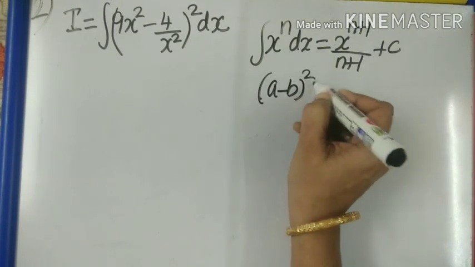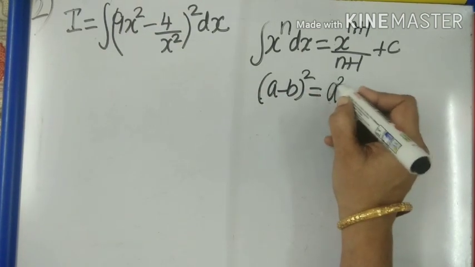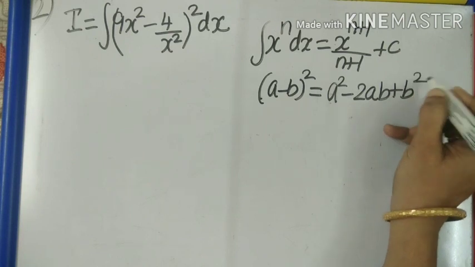A minus B the whole square. What is the formula? A square minus 2AB plus B square.